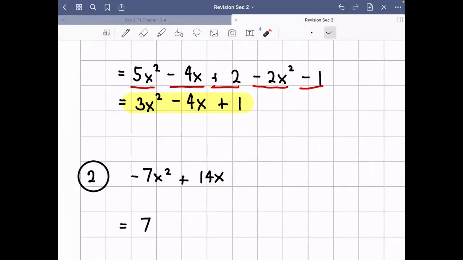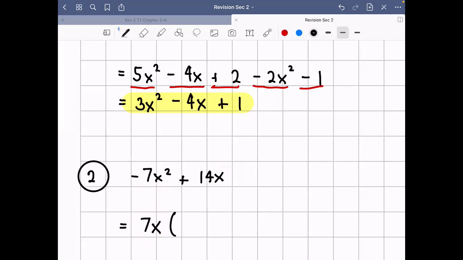But which one are we supposed to use, x squared or x? Take note, for this kind of situation, you're supposed to use the one with the lowest index. So in this case, we are going to use x, not x squared. So this is your factor for this expression.